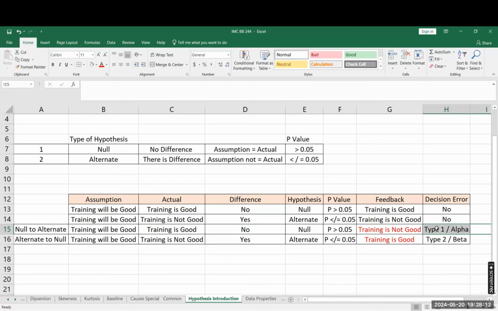So this is a type 1 error or alpha error. Clear? Yes, sir. Now maybe the machine did not work well when they did the testing, but somebody in the production is your friend and they are saying, no, I don't want to give the wrong feedback. Let's do it. And they have signed the agreement, and they are saying, yes, machine is working very well, there is no issue.